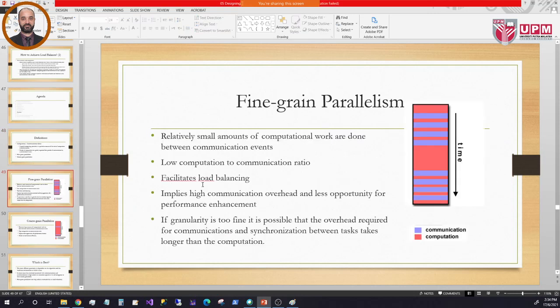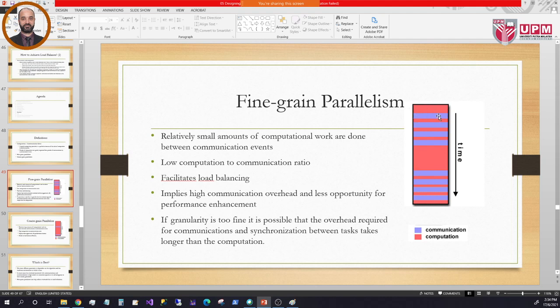Okay, let us continue with this slide. So here, fine grain parallelism: a relatively small amount of computational work is done between communication events. Again, a small amount of computational work is done, the red one.